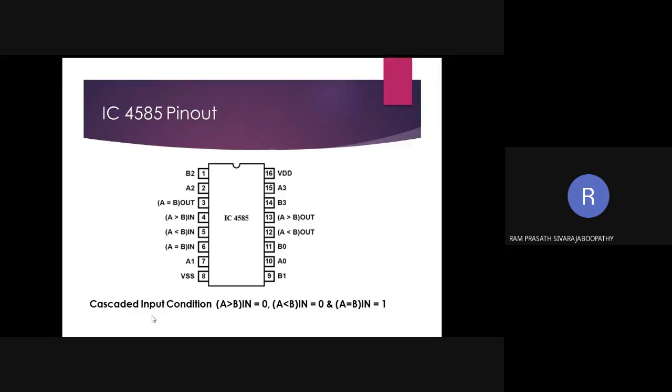The outputs we are going to take are A less than B out, A equal to B out, and A greater than B out. The cascading input, kindly make a note of it: this must be 0, this must be 0, and this must be 1. Shall we proceed? Yes.